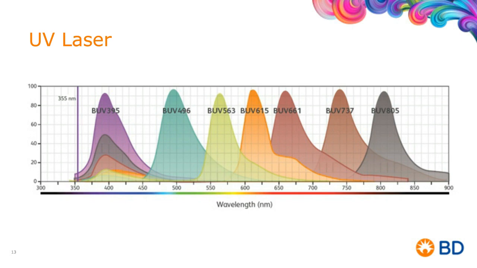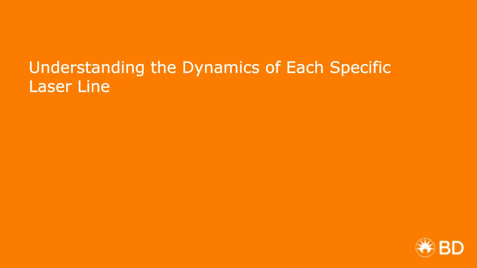So what I've seen over the last 5 years since the introduction of the high-parameter BD FACSymphony technology is that we began to look at colors and interactions and decisions in a completely different way. So let's take a look at the fact that understanding the dynamics of each laser line is important.